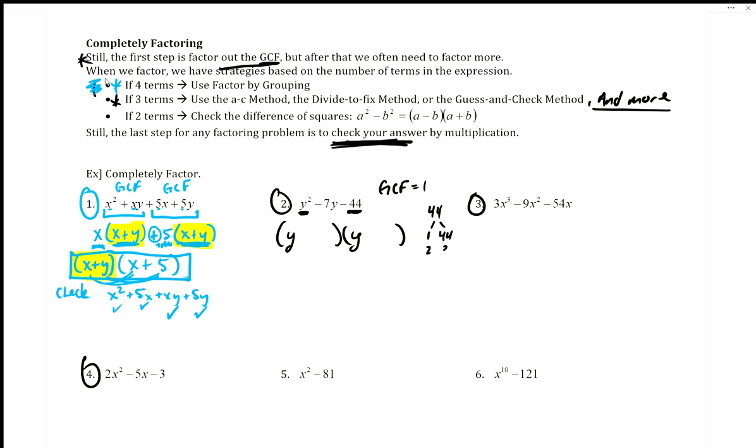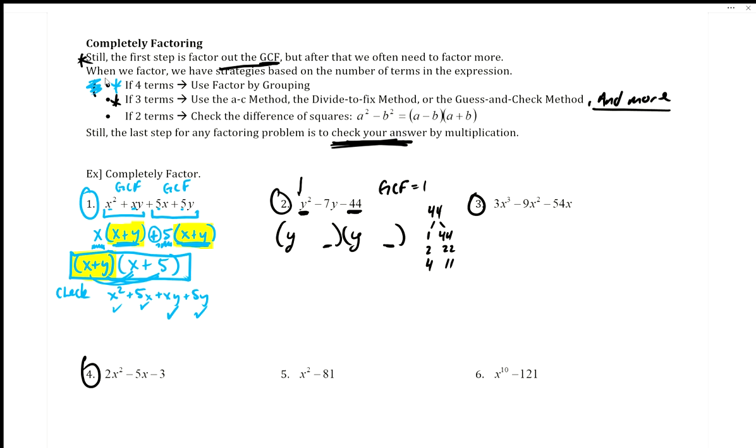I know 2 and 22 multiply to give 44. And I know 4 and 11 multiply to give 44. Okay, so I'm thinking, well, what combination of these can I put into these spots right here and here? And then afterwards check, so again, guess and check to see if I'm going to be correct.